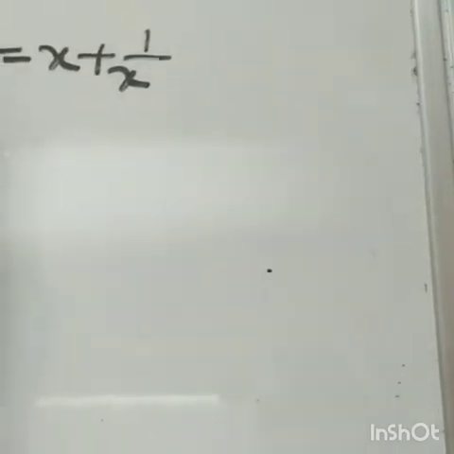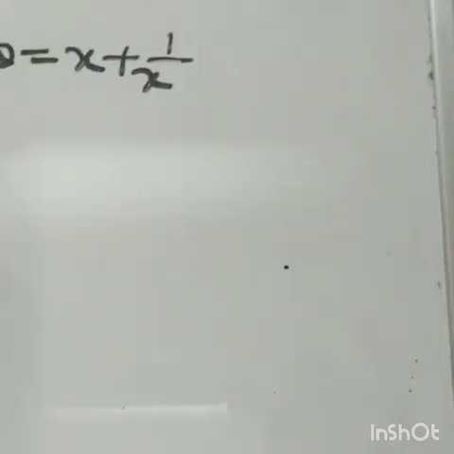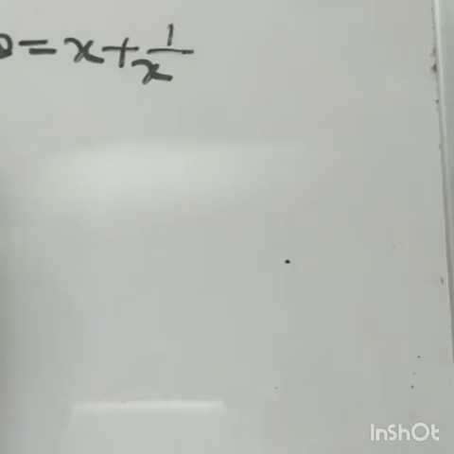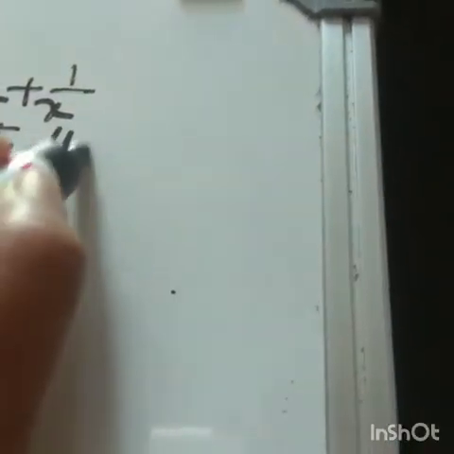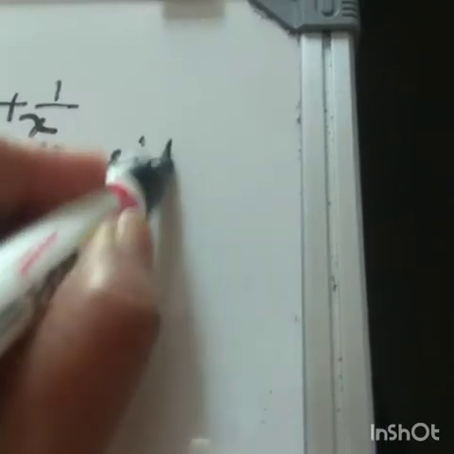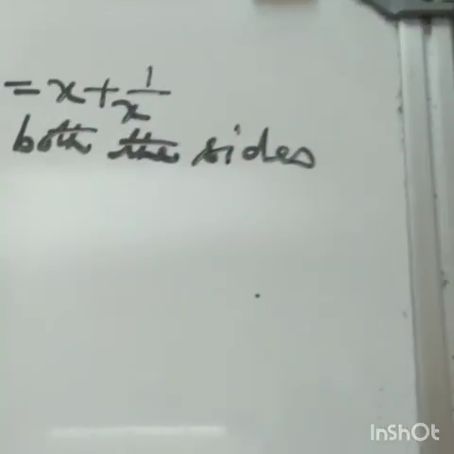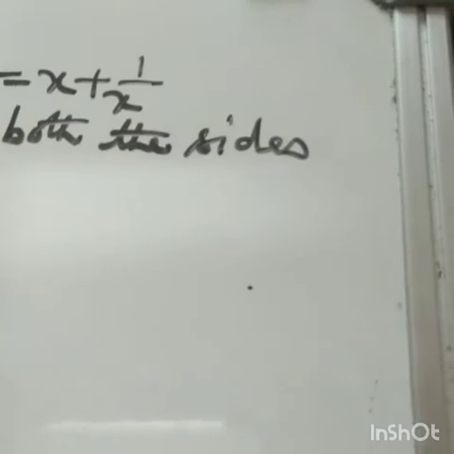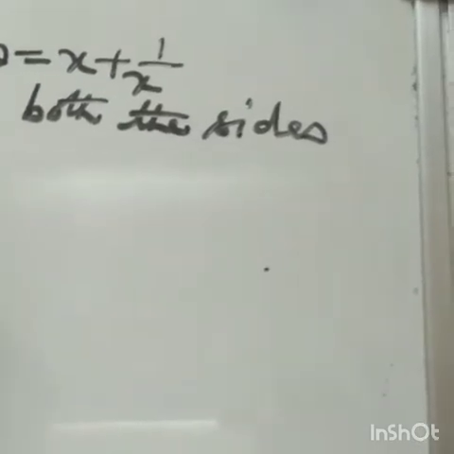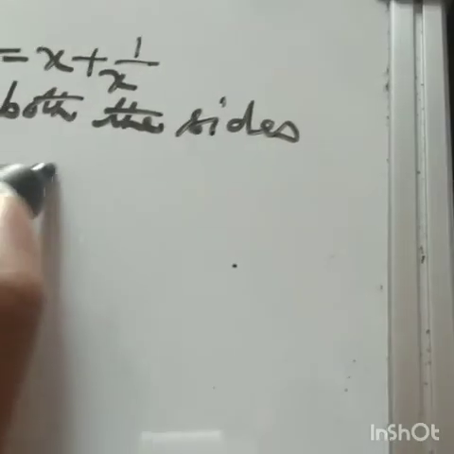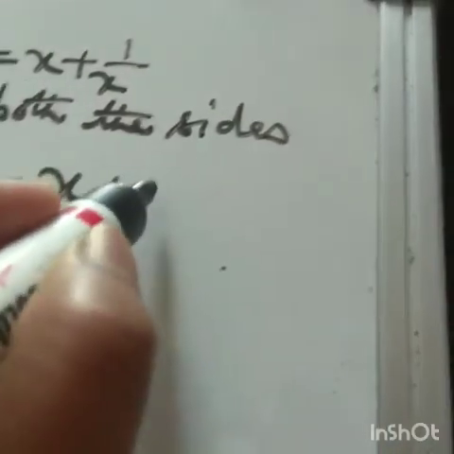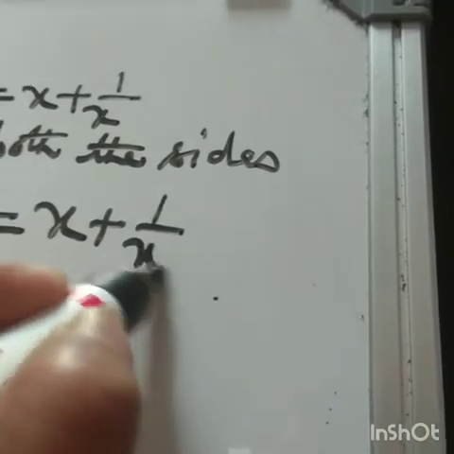So obviously cube term is occurring, so cubing both the sides. What we get is, this side it will become 8 cos cube theta, and this side x plus 1 by x whole cube.